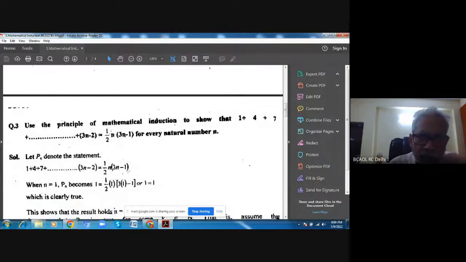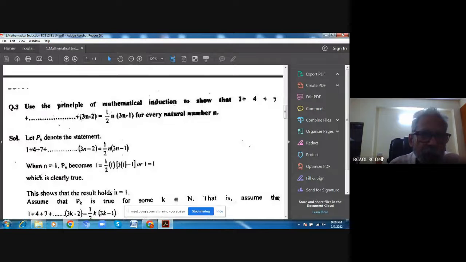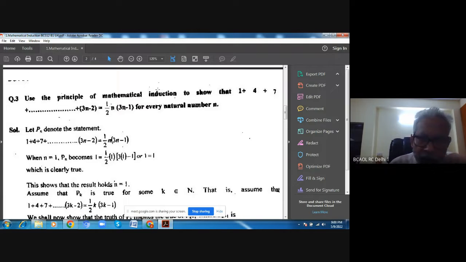Another example like this, 1 plus 4 plus 7 and so on. So here you see what I mean to say. Simply you have to focus on the statement for k, P(k), you can write. P(n), first step.